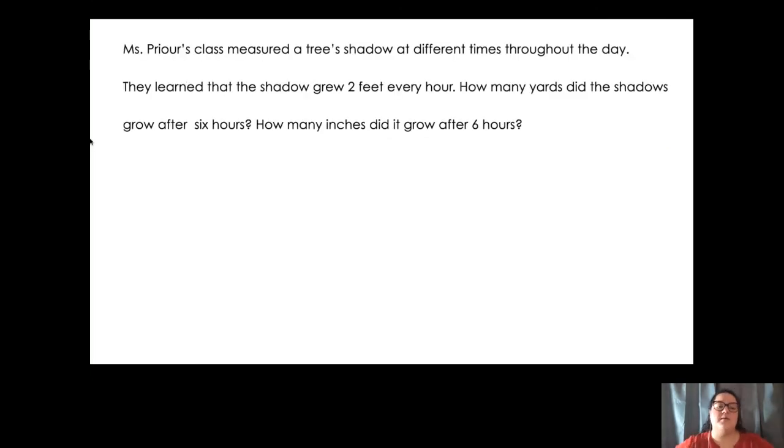Here's an example problem. Miss Priour's class measured a tree's shadow at different times throughout the day. They learned that the shadow grew 2 feet every hour. How many yards did the shadows grow after 6 hours? How many inches did it grow after 6 hours?